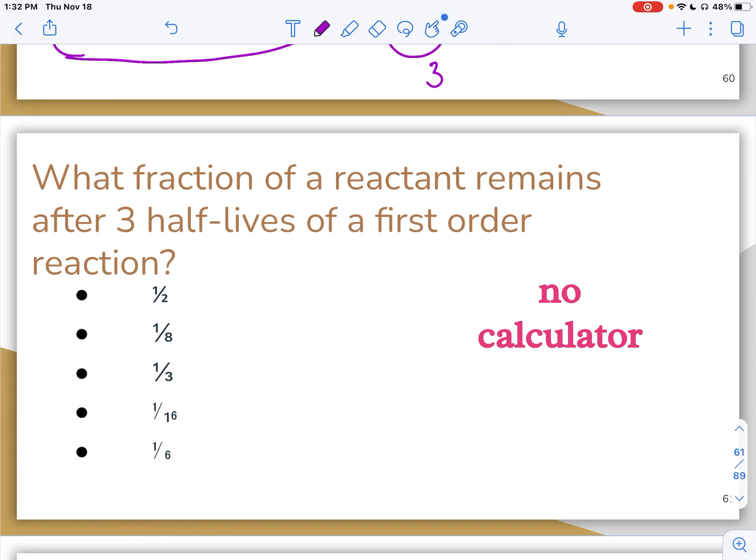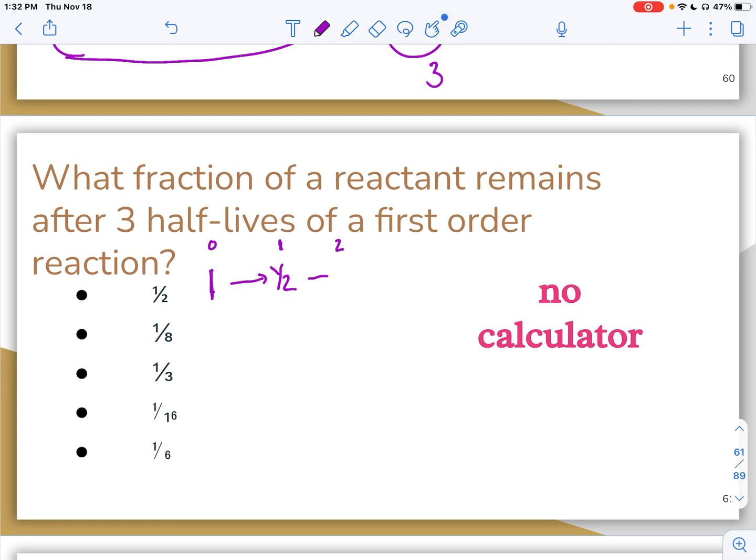What fraction of a reactant remains after 3 half-lives of a first order reaction? You don't actually even need to know it's first order because we're not going to use the formula at all. Let's say we start with 1 because that's our full amount, or a lot of these will say percents, so it would be 100%. That's at 0 half-lives. At 1 half-life, we would expect this to be 1/2.